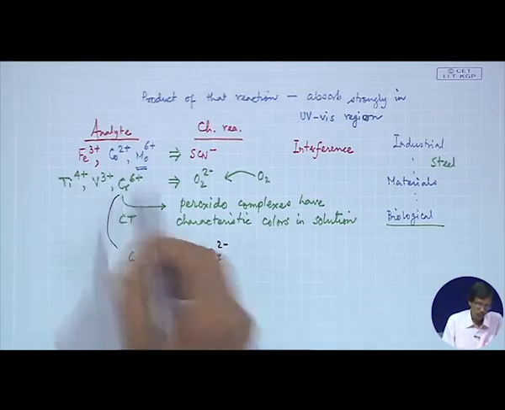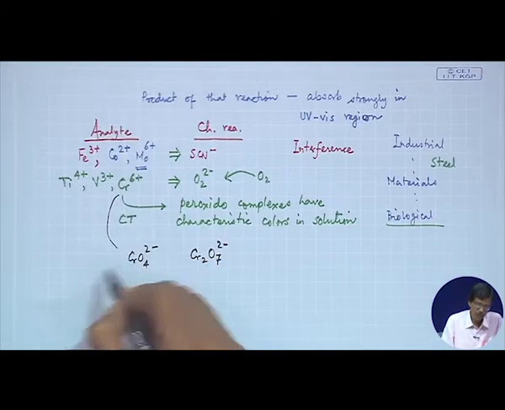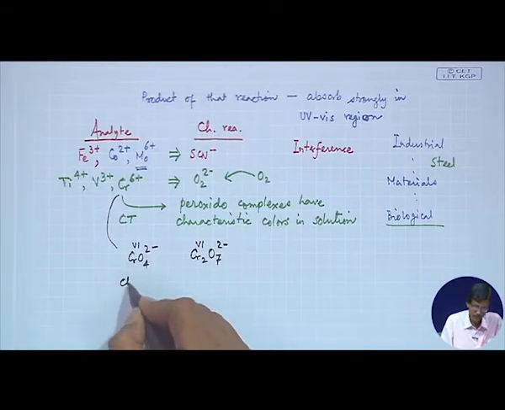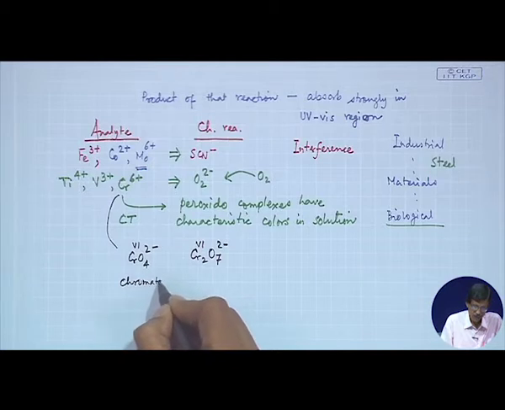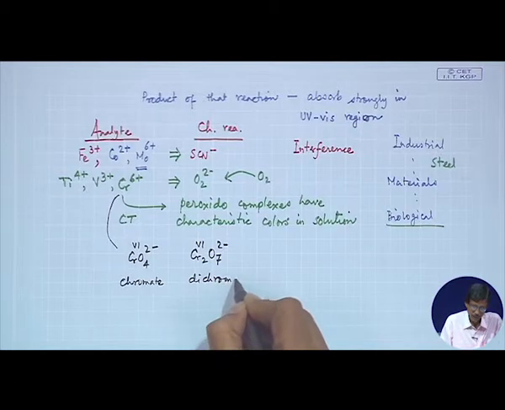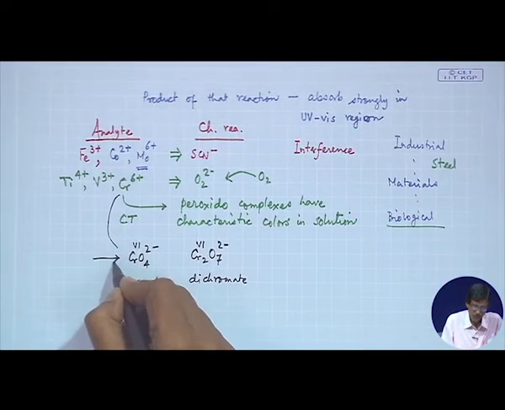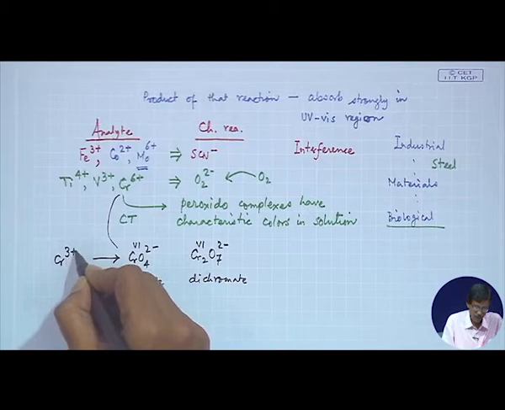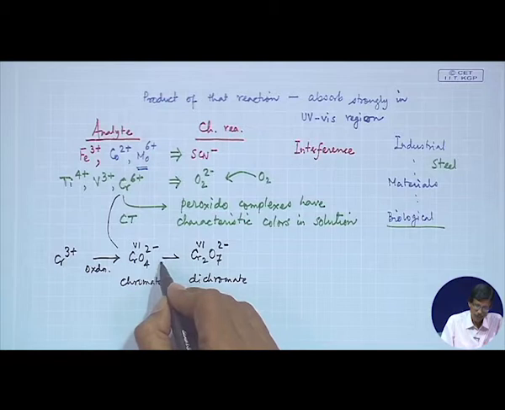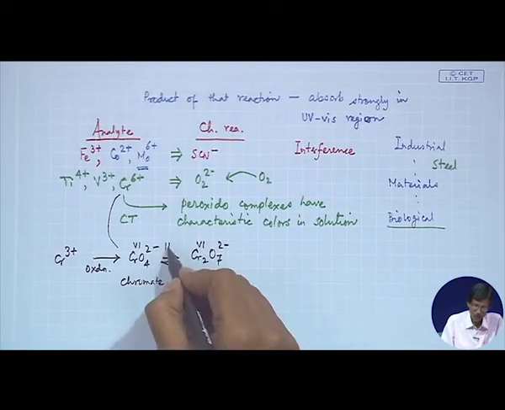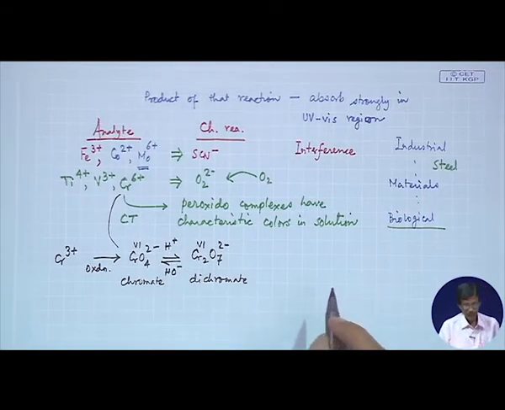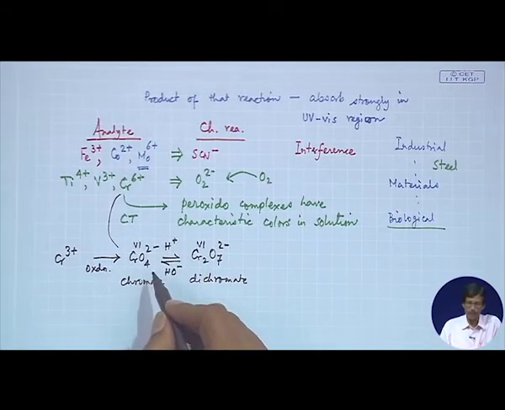Chromium in the hexavalent state is chromate, the chromate anion, and this is the dichromate anion, which can be formed from chromium 3+ through oxidation, and it also has some equilibrium with regard to acid. So, if you have acid, it will go from left to right, and if you add base, it will go back to the chromate form.